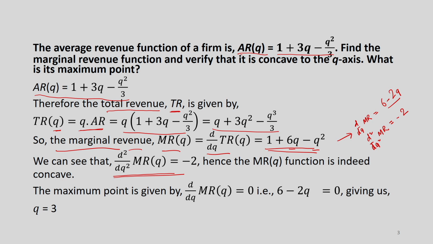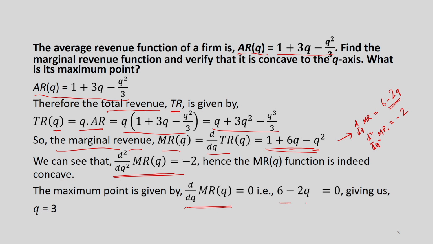And the last part, what is its maximum point? If it is a concave function, it might have a maximum point. So, how to find that? I take the first derivative of the marginal revenue function and set that equal to 0, and from that I will get the stationary point. The first derivative I have already found out, it is 6 minus 2q.